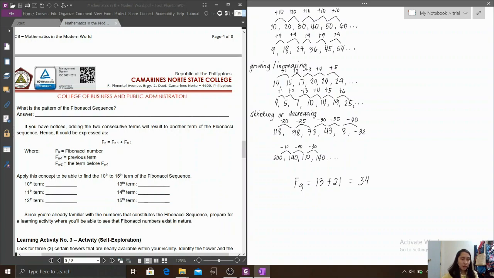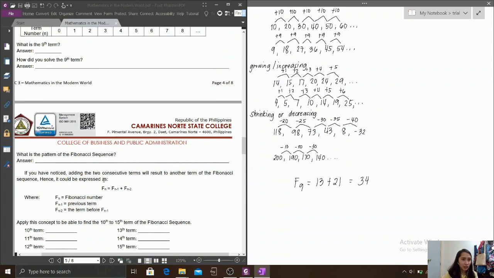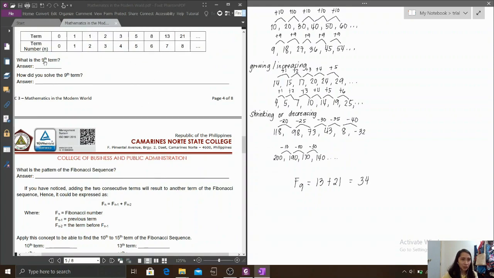So, f sub n denotes the Fibonacci number of the term that we are looking for. So, back to our problem, we are asked to find the ninth term. So, this would be f sub 9. F sub n minus 1 is the previous term, or f sub 8. And f sub n minus 2 is the term before f sub n minus 1. So, that is f sub 7.